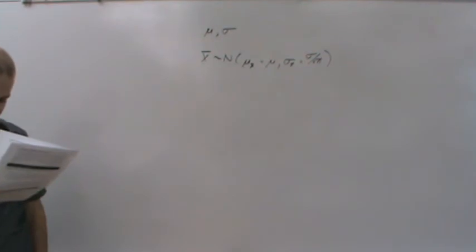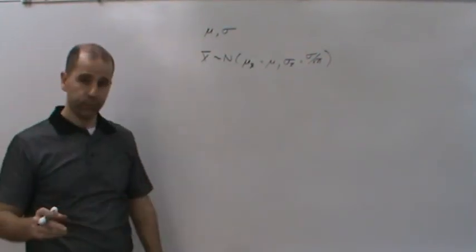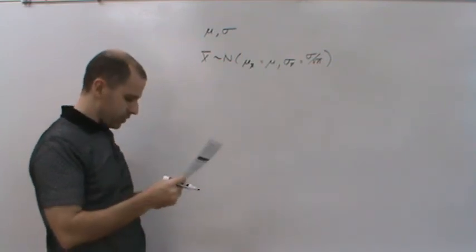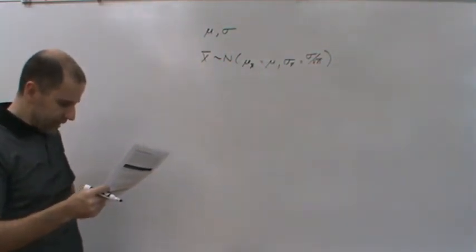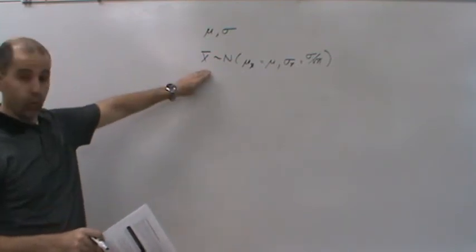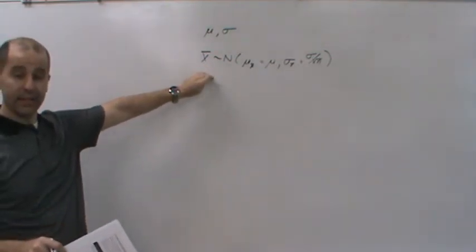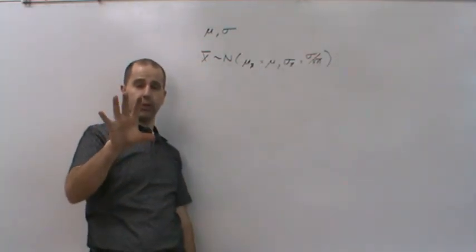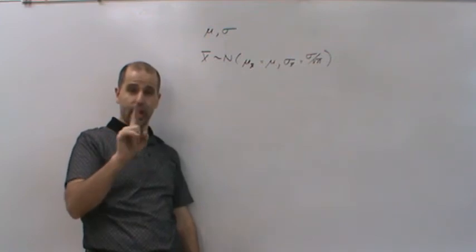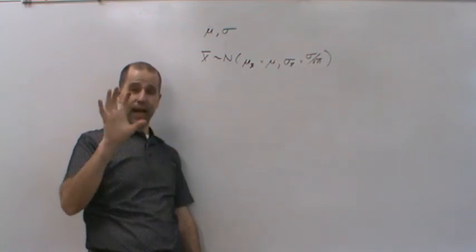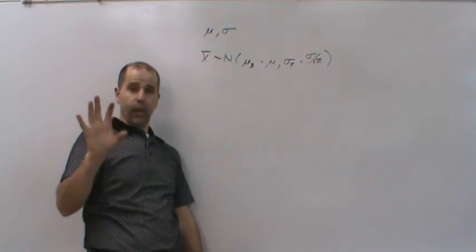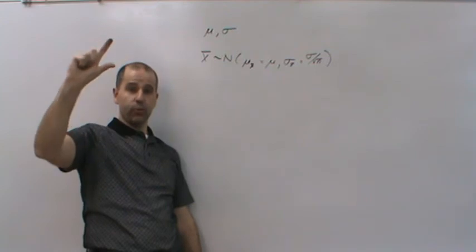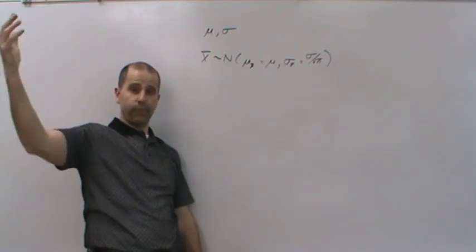Now, what makes this work, and we talked about this before, is the law of large numbers. Remember from probability, in chapter 3, we said that as the sample size gets bigger and bigger, the sample mean gets closer and closer to the population mean.